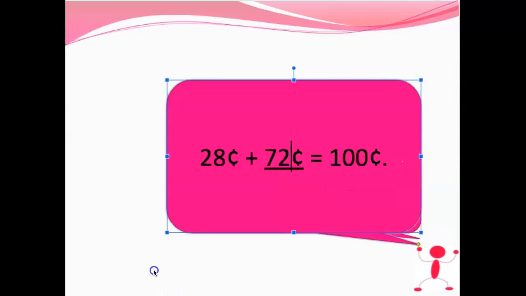So you could have filled into your equation 28 plus 72 cents equals $1. So that's how we're going to be adding on today to make $1 or 100 cents. If you need to go back and rewatch that section and build it again, I would recommend doing that if you're confused at all. We're going to do another one, but it's always good to go back if you're confused.